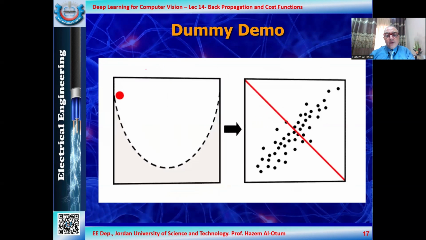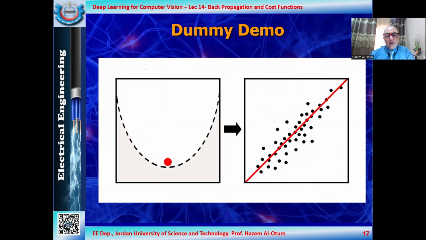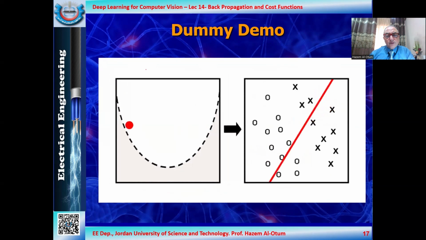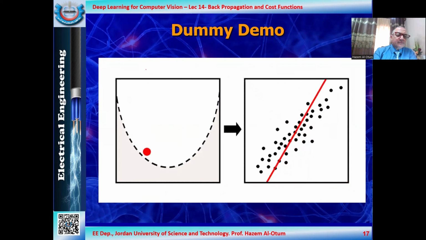Here I see that this is a regression problem. You see the red ball here is the value of the error. So this is, for example, W, and we want to find its effect on our regression line solution in this case.